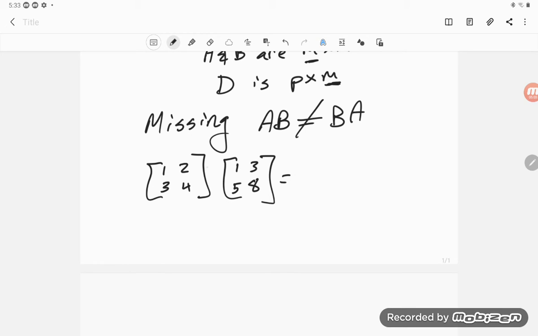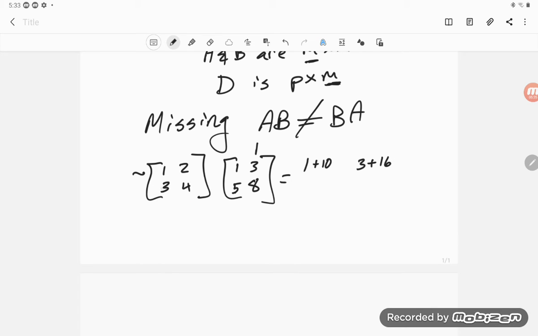We get 1 times 1, plus 2 times 5, so plus 10. Then first row, second column: 1 times 3 is 3, 2 times 8 is 16.